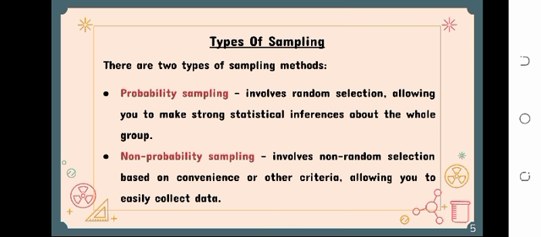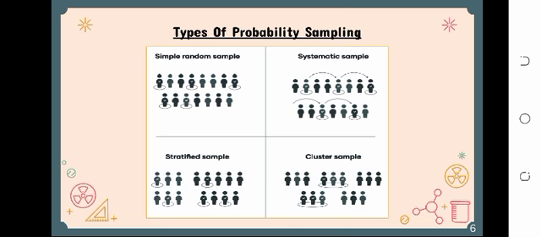It involves random selection, allowing you to make strong statistical inferences about the whole group. Non-probability sampling, as the name indicates, is a non-random selection. It is by choice, not by chance. So it involves non-random selection based on convenience or other criteria, allowing you to easily collect data.